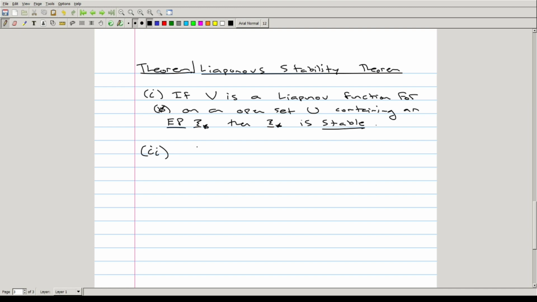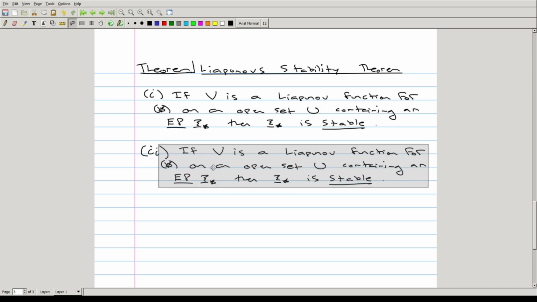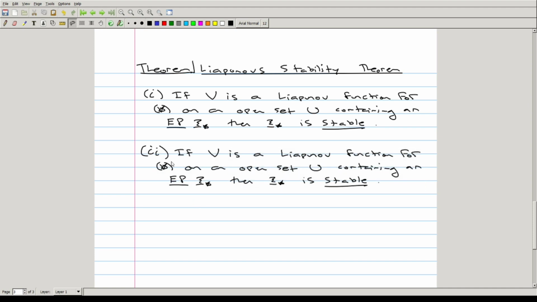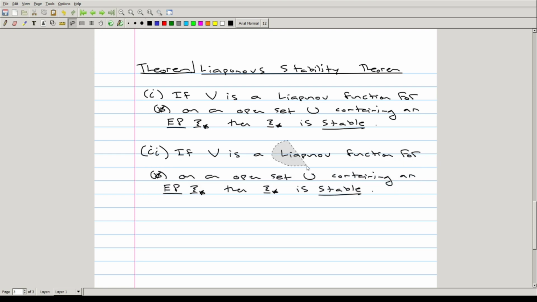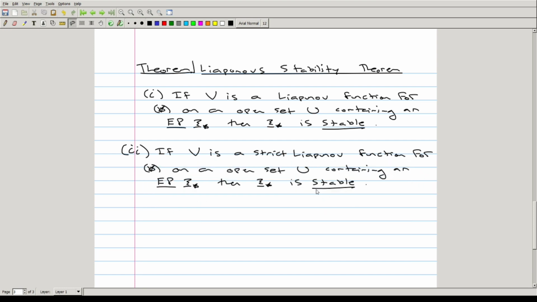And furthermore, if V is a strict Lyapunov function, then the critical point, the equilibrium point xi star, is asymptotically stable.